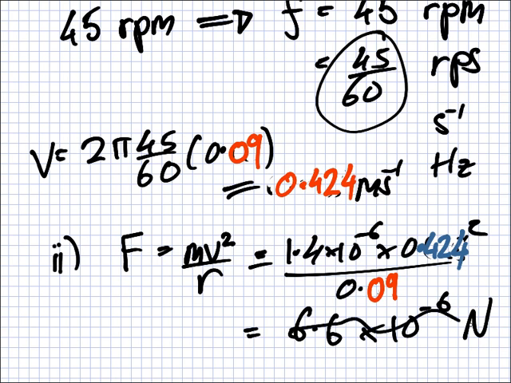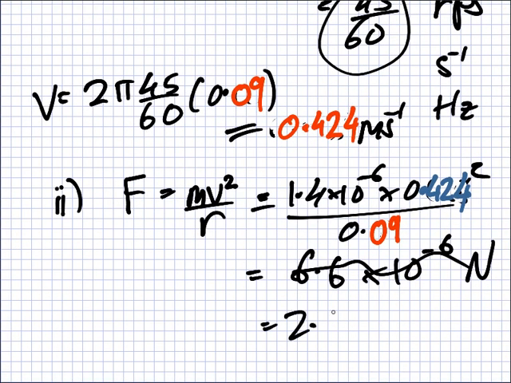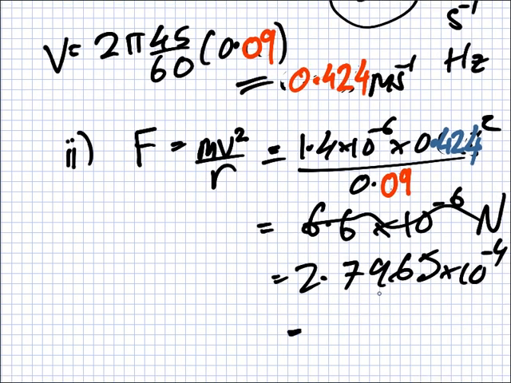Okay, what is it? 2.7965 times 10 to the minus 5. Okay, 10 to the minus 5. Why isn't it 1.4? Square. Oh, square.